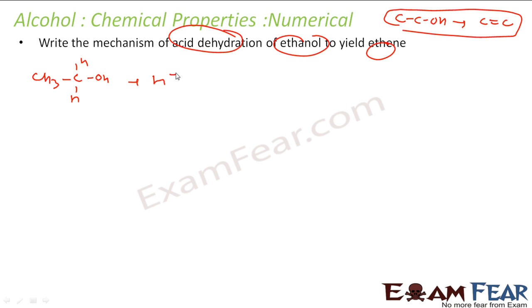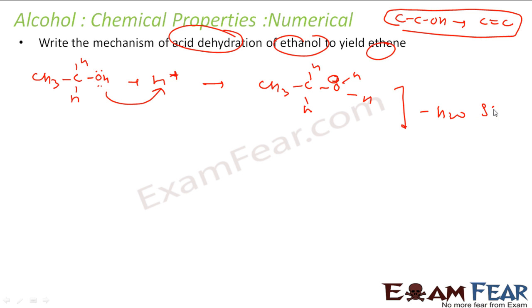The first thing that will happen is oxygen has a lone pair. It will attract H+, so it becomes CH3CH2OH2+. Since oxygen gives electron, oxygen gets a positive charge, and this OH2+ is a good leaving group, right? So this is minus H2O, but this is slow.